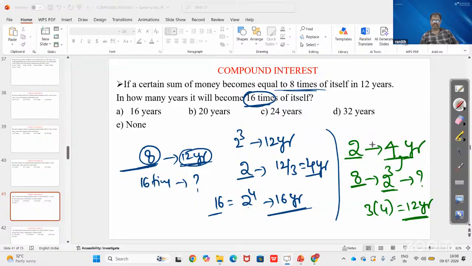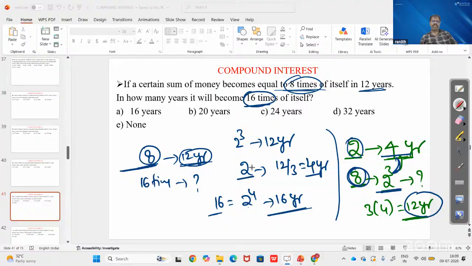Just look at here. Basic question: double equals 4 years, 8 equals 2 cube equals 3 into 4 equal to 12 years. Same question here. 8 times will be equal to 12 years. How are we getting 8 times? Initially double will be equal to 4 years, where 8 can be written in the form of 2 cube, and we multiply 3 into 4 equal to 12 years.